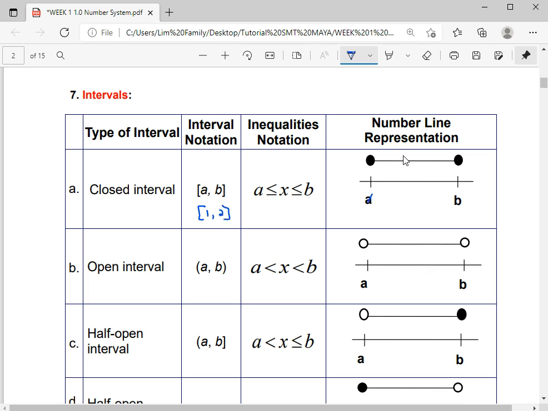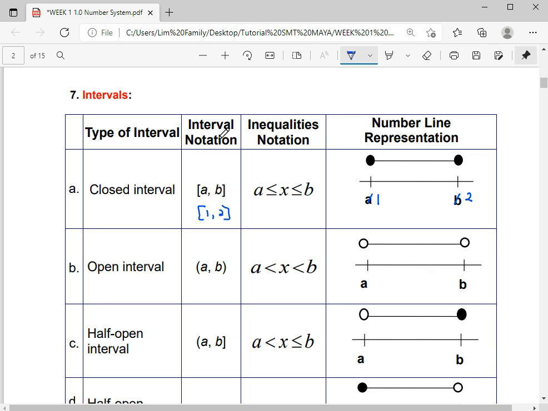That means from 1 until 2. So inside here, the line in the middle represents all the decimals inside: your 1.1, 1.2, 1.3, 1.33, 1.5555, 1.999, every decimal. So as long as it is in between 1 and 2, we will draw a number line.